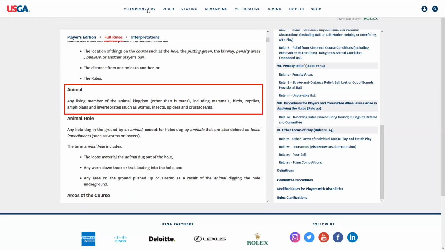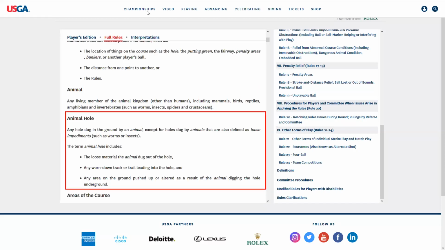Next one to look at is animal hole. This is a change. It used to be called burrowing animal hole. Now it's called animal hole. And it's any hole dug in the ground by an animal, except for holes dug by animals that are also defined as loose impediments, such as worms or insects.